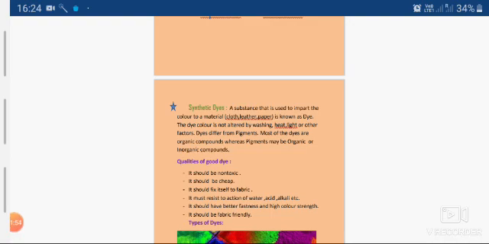When we say anyone has a red colored shirt, orange colored shirt, blue colored shirt, it means any of colors dye has been applied to the cotton or terylene.